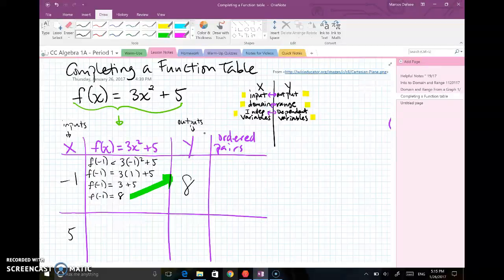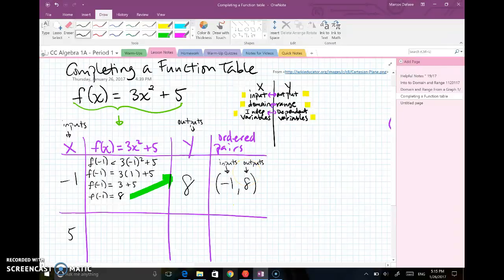And so now as an ordered pair, I have -1, 8. Remember that ordered pairs involve taking the inputs and putting them right there, and taking the outputs and putting them right there. Okay, that's all I've done. And that's a nice way to summarize everything I've done in this first row. My input, my output. That's a conclusion to what I've done.